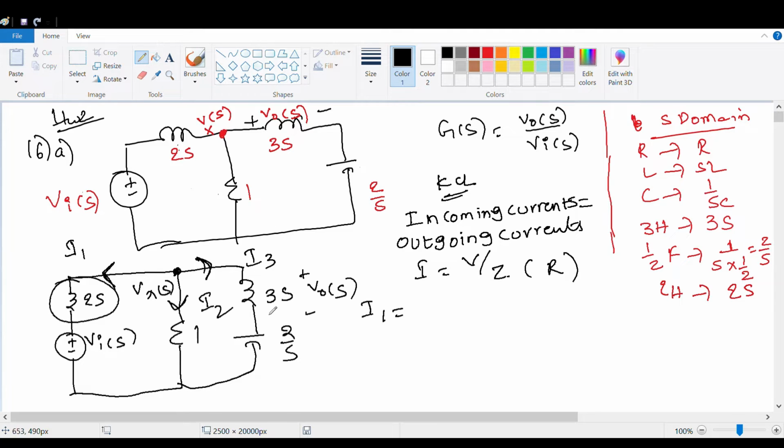I1 equals Vx of S minus Vi of S by 2S. Why? Here V is the potential across, the voltage drop across that element. So the voltage across this element is this minus this.